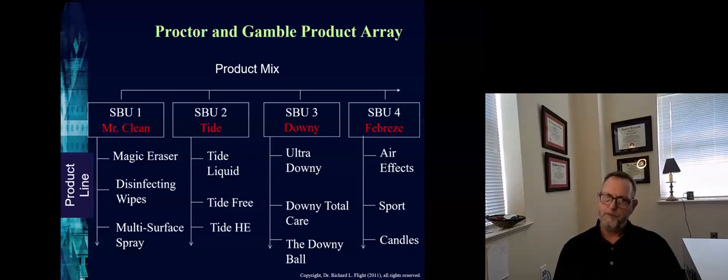The other thing we do is look across here, and we have Tide detergents, but then we have Downy, and Downy is typically used as a fabric softener that you would use in conjunction with, or in addition to, the detergent you're already using. So in this case, if we added something to Downy, while it might cannibalize some sales, it would also go with other products like the Tide detergent.